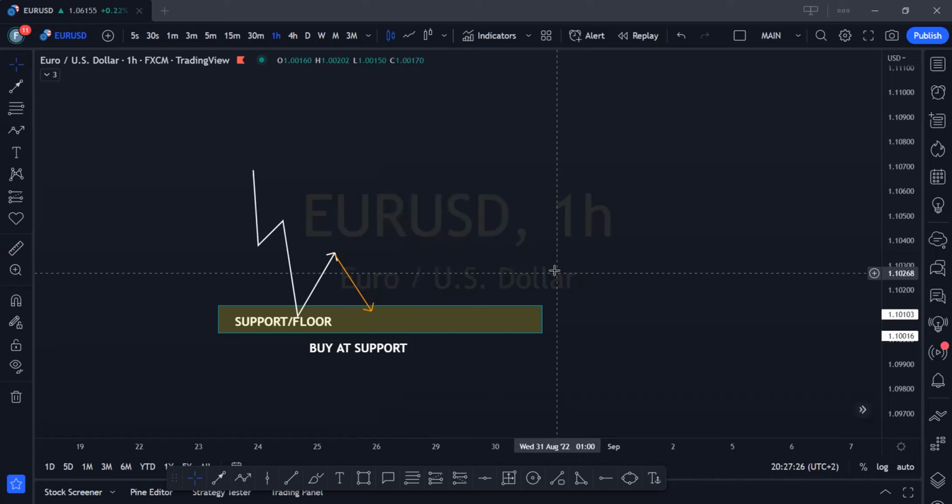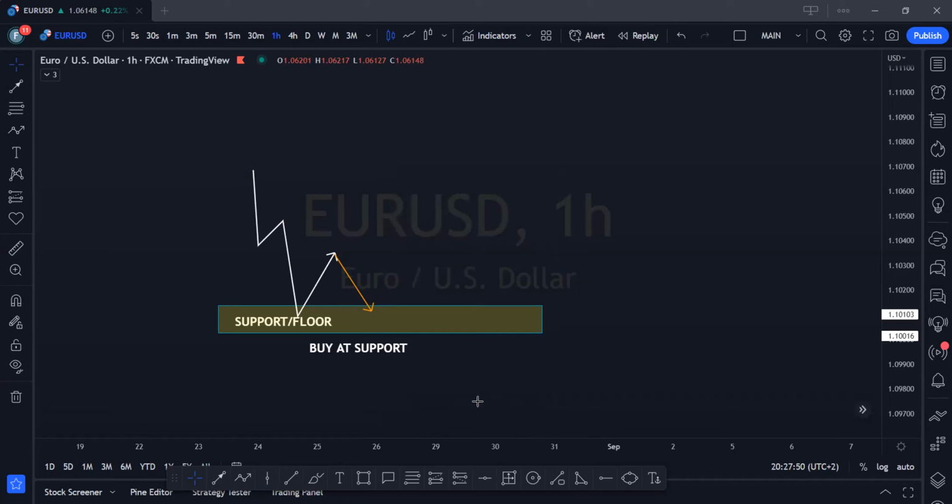All right, now support and resistance in themselves are not standalone trading strategies. Let me tell you that. They are not standalone trading strategies. So you cannot just take trades based off of just a support zone or a resistance zone.